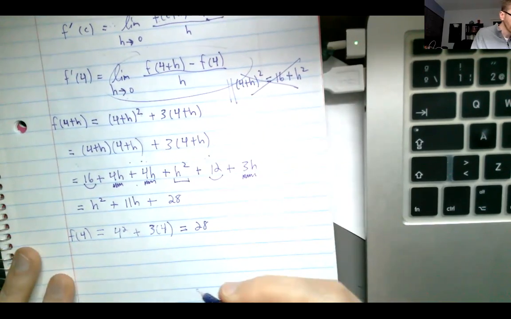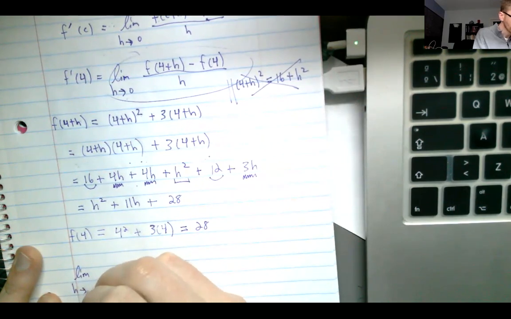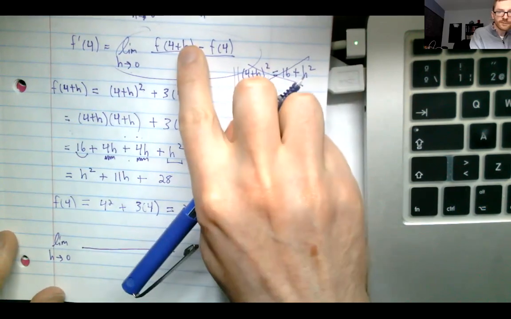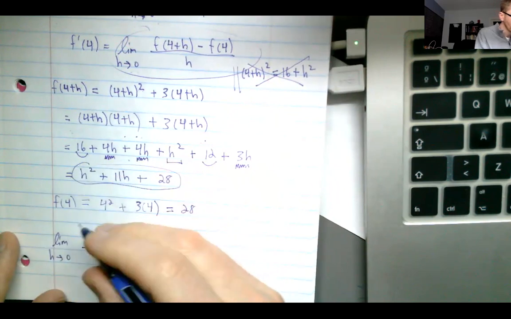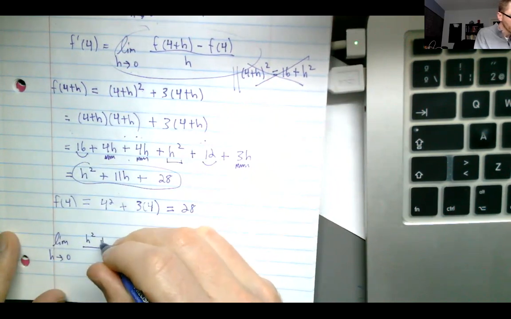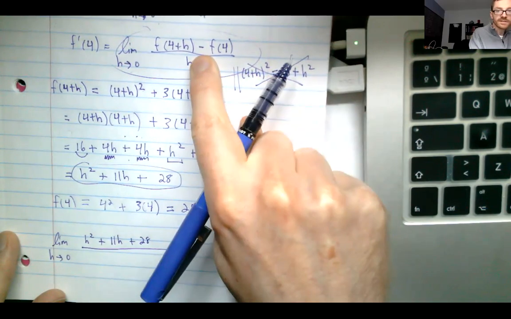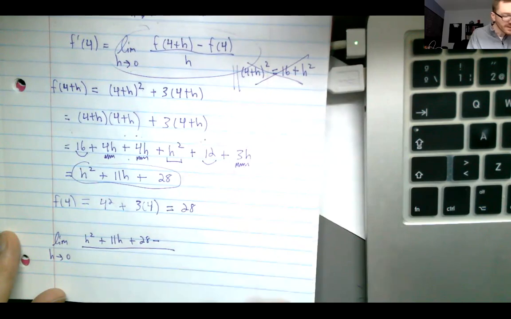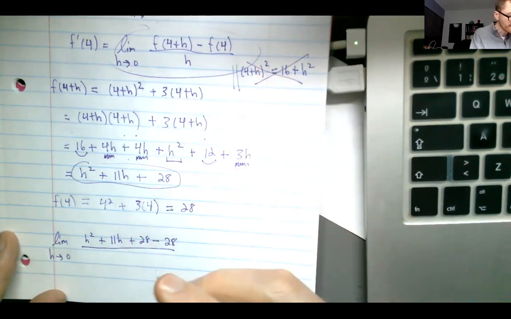So I have the limit as h approaches 0. f of 4 plus h, we agreed, was this thing right here, h squared plus 11h plus 28, and then minus f of 4, which we said was 28, all over h.